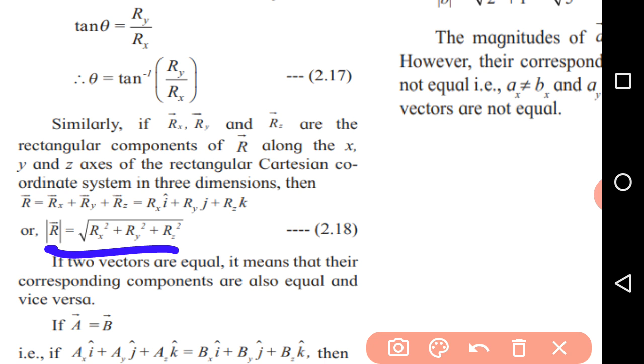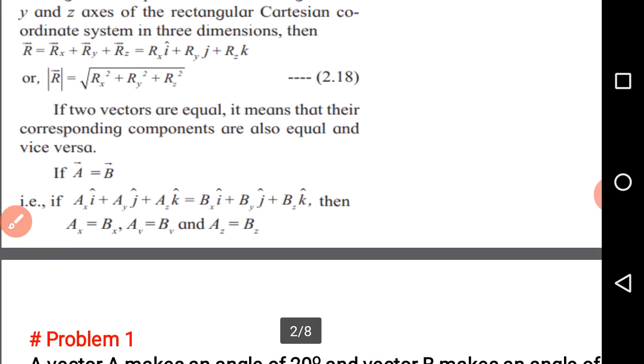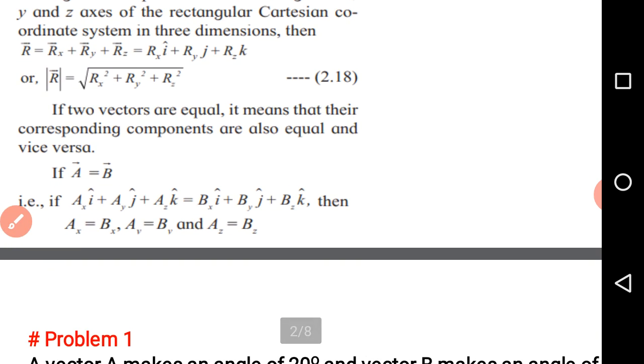If two vectors are equal, it means that their corresponding components are also equal, or vice versa. So if Ax i cap plus Ay j cap plus Az k cap is equal to Bx i cap plus By j cap plus Bz k cap, then Ax is equal to Bx, Ay is equal to By, and Az is equal to Bz.